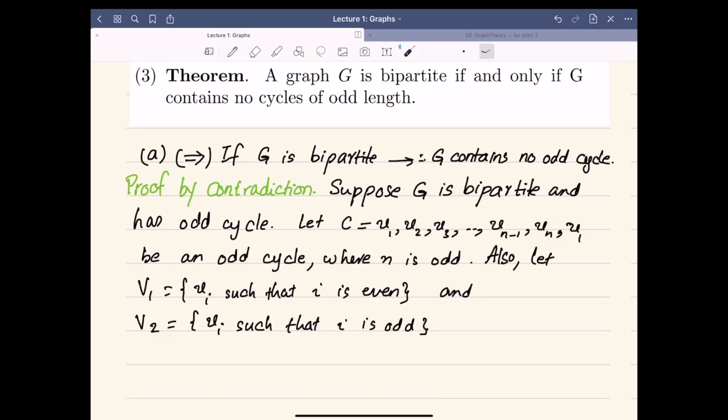So let V1 and V2 be the partitions formed in the graph.